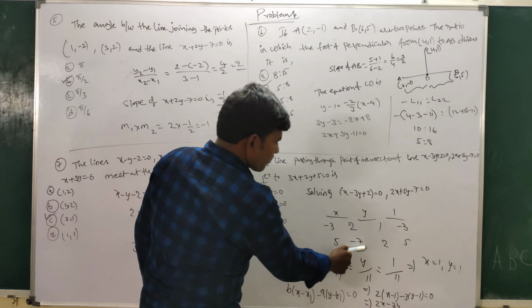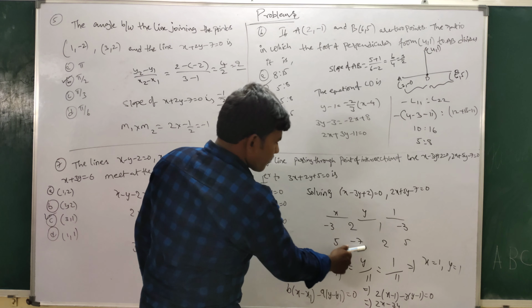Minus 2 plus 3 plus 1 equal to 0. So 2x minus 3y plus 1 equal to 0. The answer is the first option.